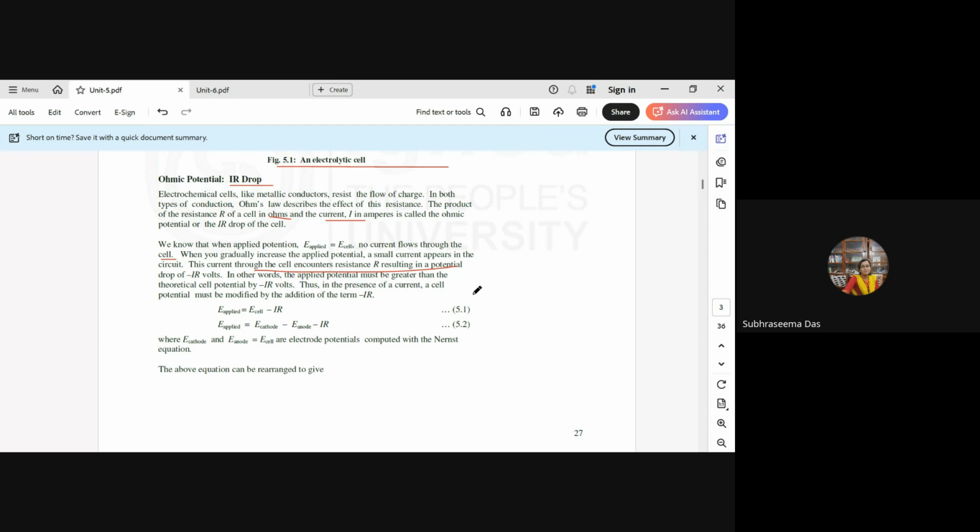So mathematically we can write E applied is equal to cell potential minus IR.